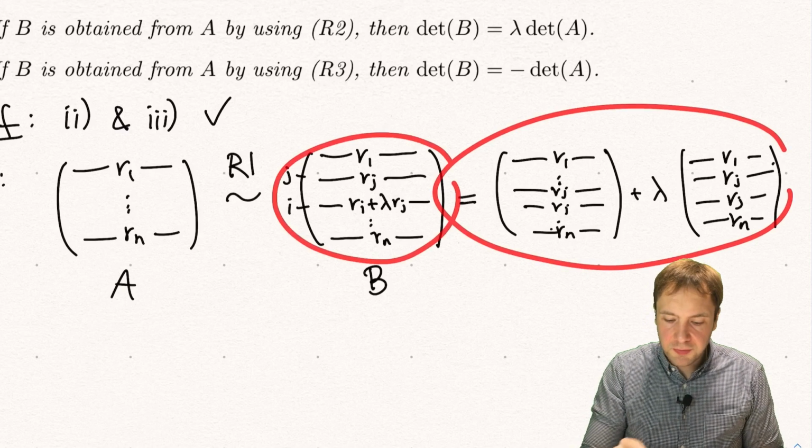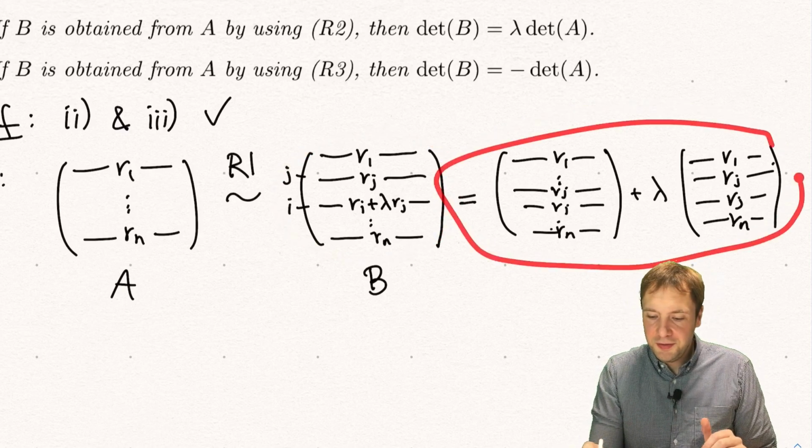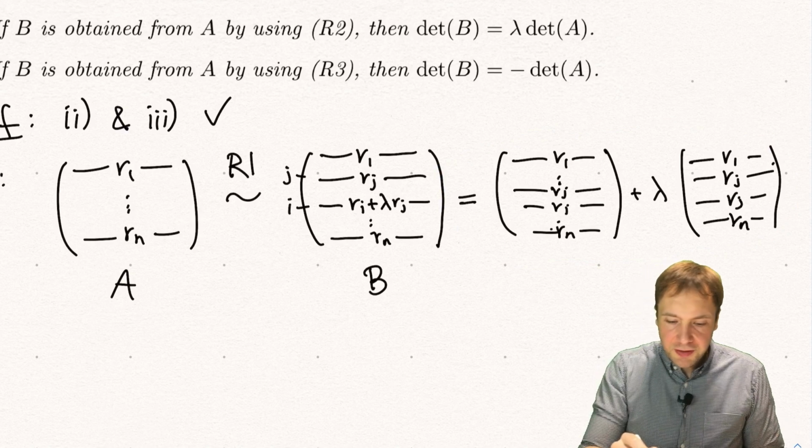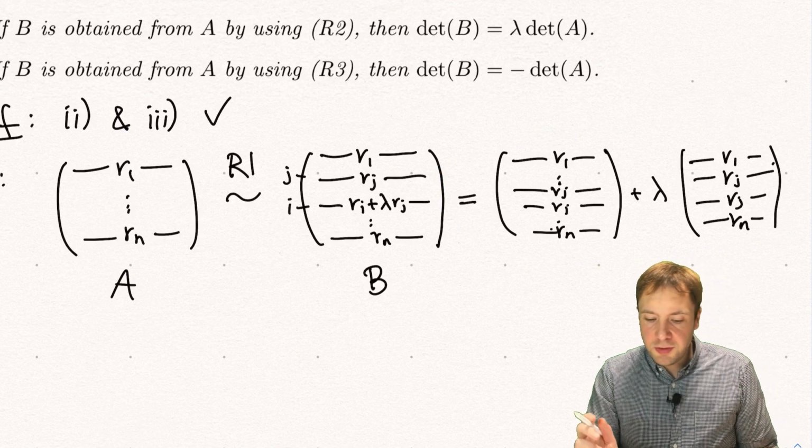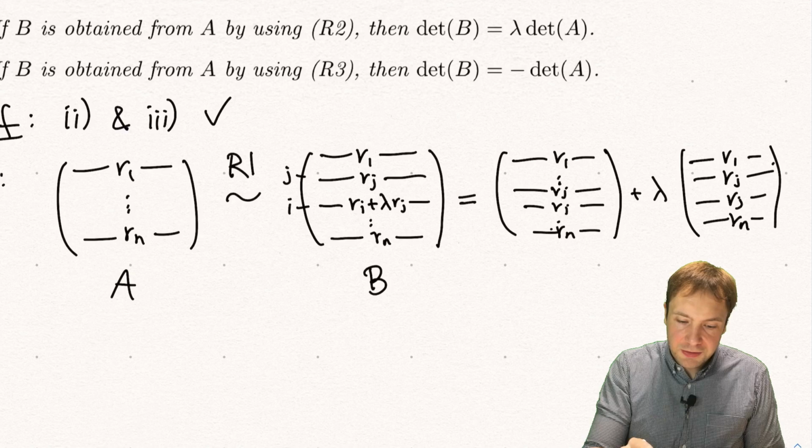Because this is just the addition of matrices. But now we also know that the determinant is linear in the rows.